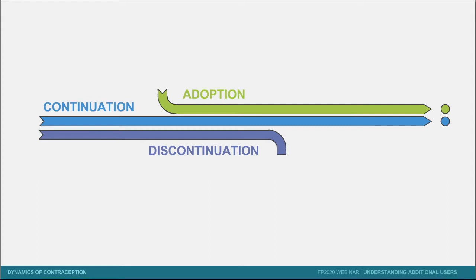So these dynamics, continuing, starting, and stopping, describe the contraceptive status of individual women over time. And we could get more complicated and talk about method switching as another contraceptive dynamic, but for the purposes of talking about additionality, the type of method isn't relevant, as we're only focused on use or not.